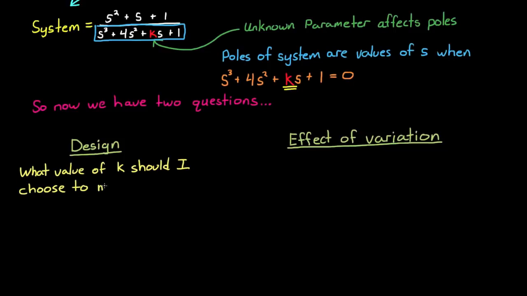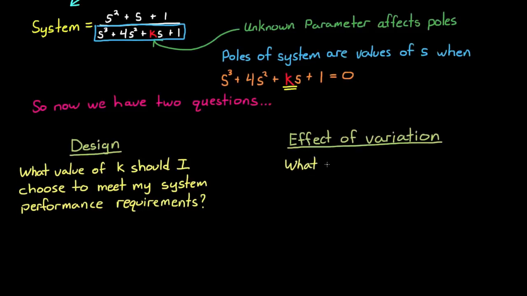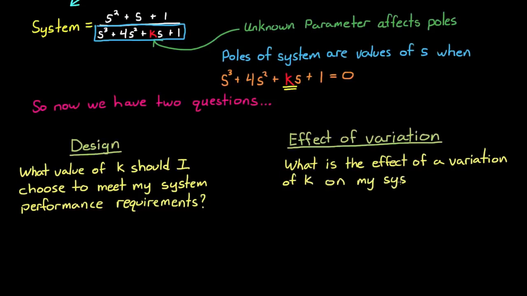That is, having poles in the correct location in the S-plane. And on the system variation side, the question is, what is the effect of the variation of k on the poles of the system? That is, how sensitive is the system to a value of k that is slightly off what you have predicted?